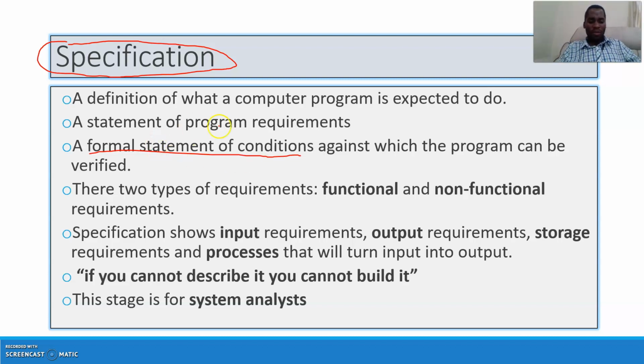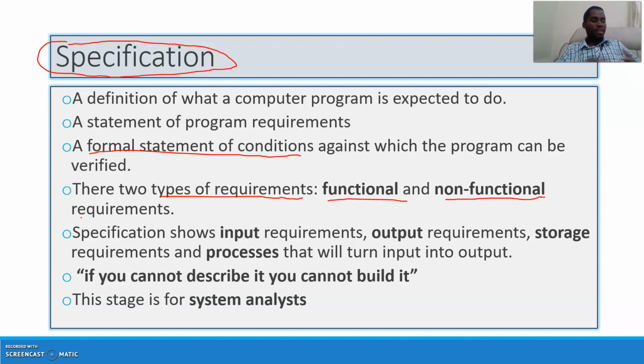So there are two types of requirements. We have requirements that are functional, what the system must do, and we also have other features that are not functional. So we have these two types.